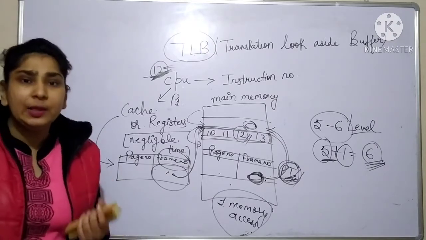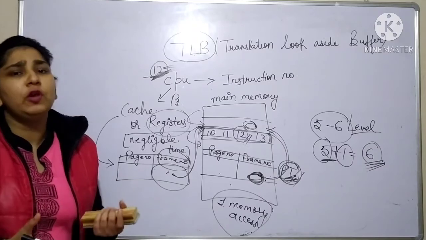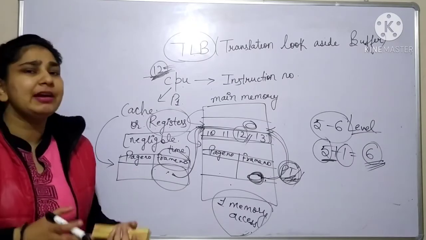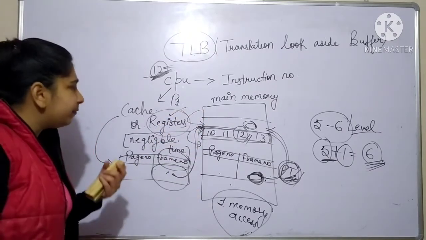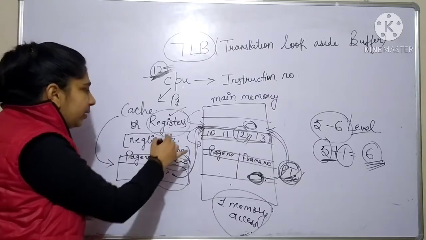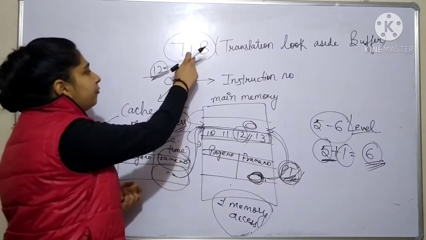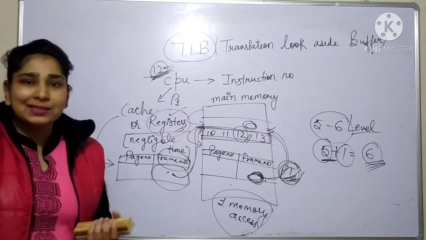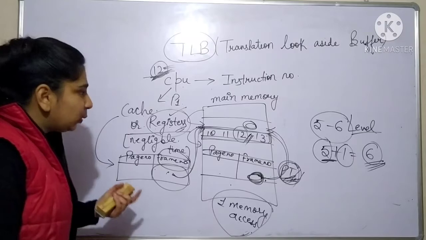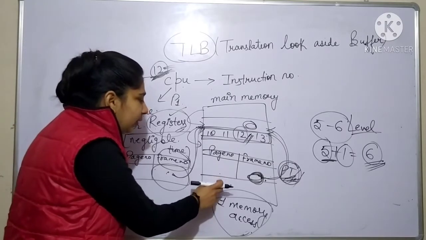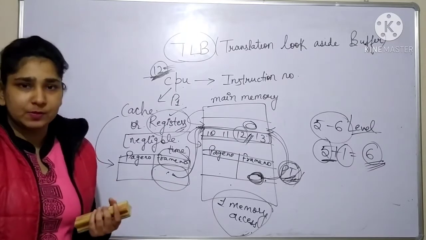They have very limited storage capacity, and they are used only for useful work. It is not that you use registers every time. If you have some urgent work, only then we make use of the registers. So if we make use of TLB, we are able to access the actual instruction much faster, and we just need to access main memory only once. We don't need to access main memory multiple times.